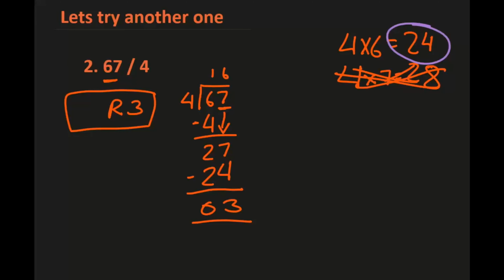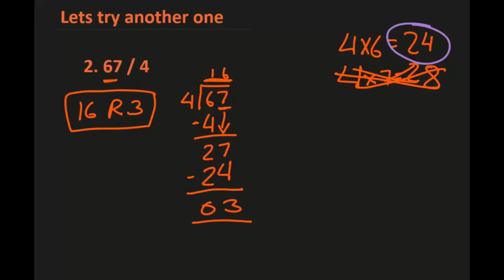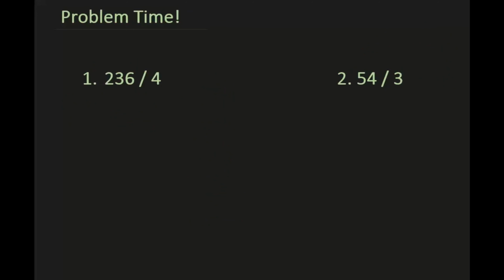Our answer is 16 because that's our quotient, 16 with the remainder of 3. I don't know if it's a coincidence or not, but right here we got 16 with the remainder of 4, and then here we got 16 with the remainder of 3. Probably a coincidence.